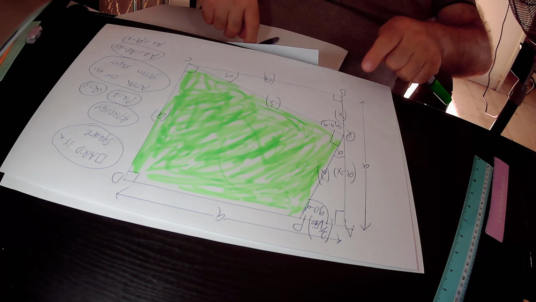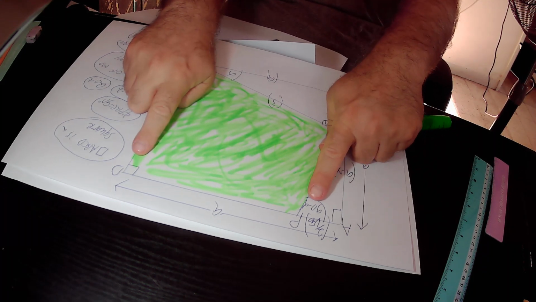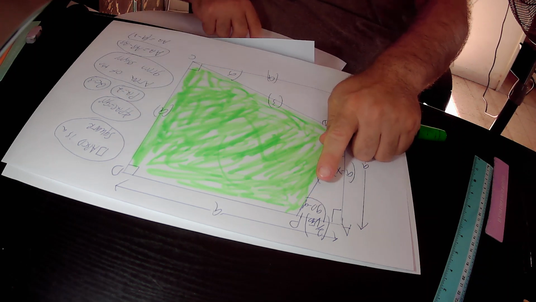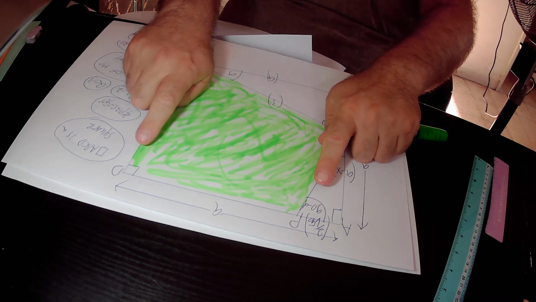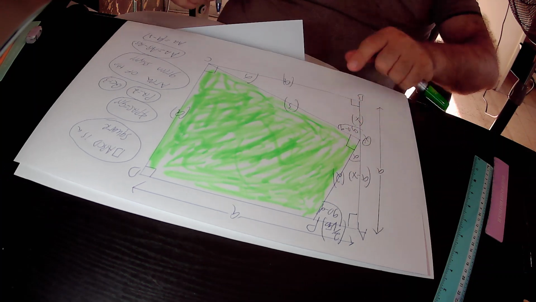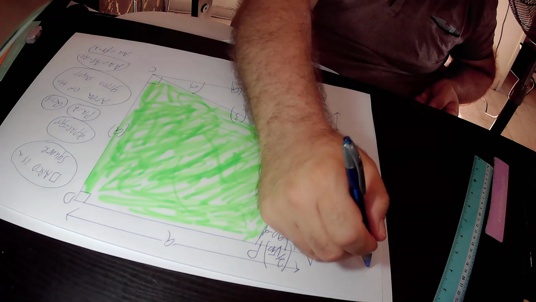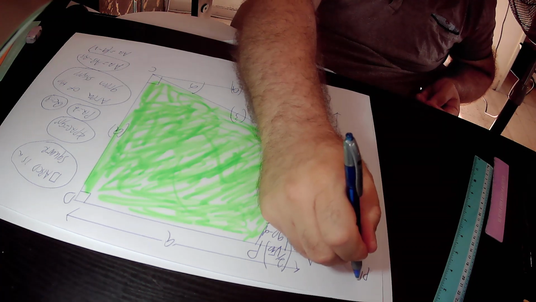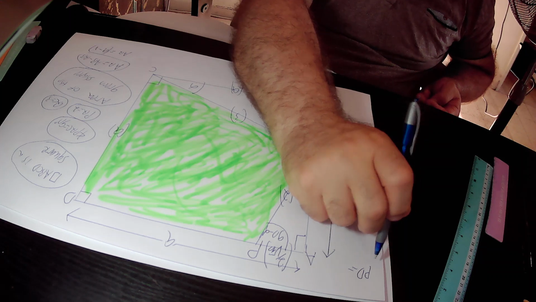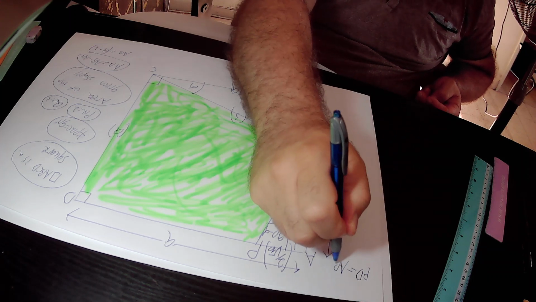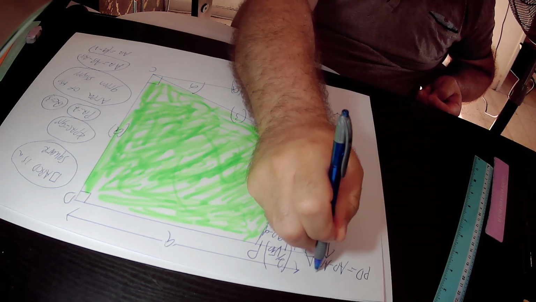What is the length of PD? From the drawing it is very easy to see that PD equals AD minus AP. So I write it down, PD equals AD minus AP.